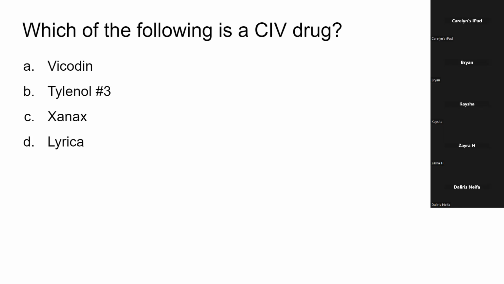I'll tell you, the cheat code with Tylenol number 3 is that it tells you what schedule it is right in the name. Yes, it has codeine in it. So Tylenol number 3 is a schedule 3, so it's not B. Very good, Shamika. What'd she say? Well, what's Vicodin?